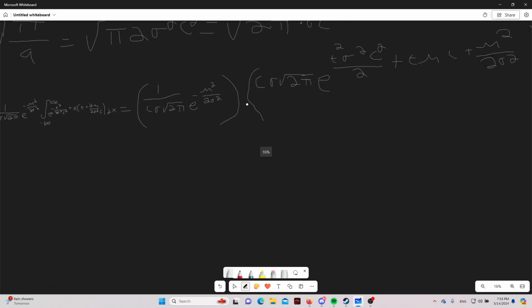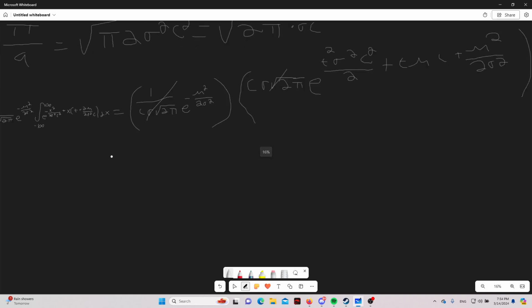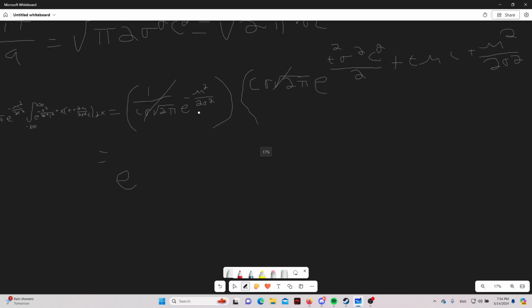All right, and as you can probably see, when we multiply these two, this constant and this constant are equal, so these actually cancel each other out. And then we are left with e, and notice that when you multiply exponents with the same base, you can add their exponents.